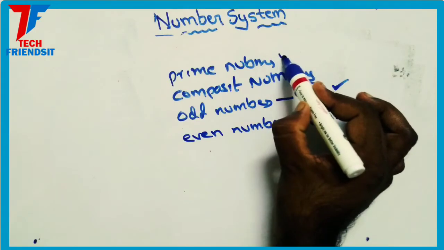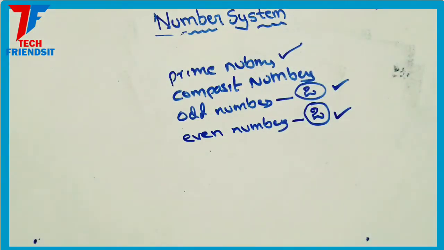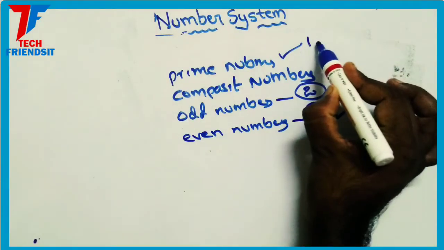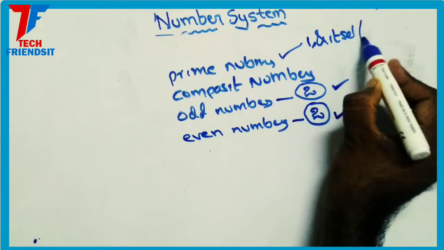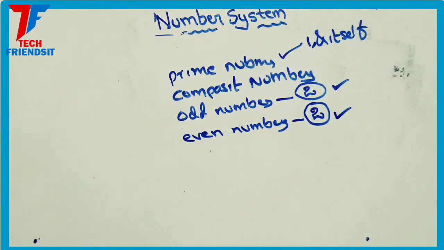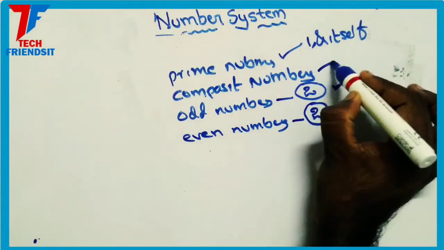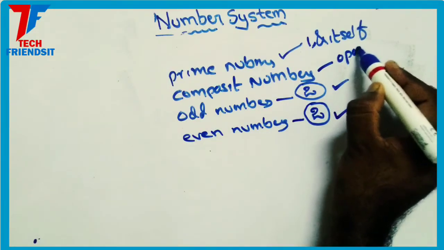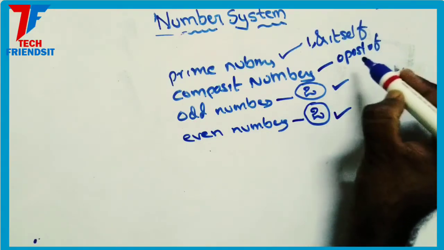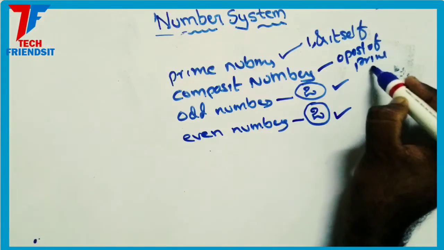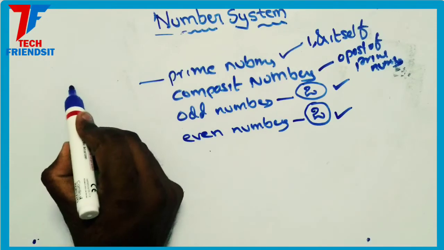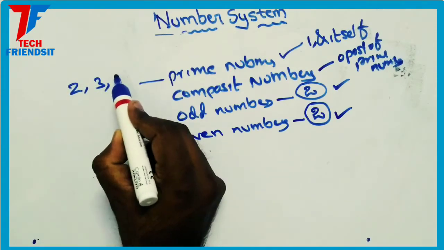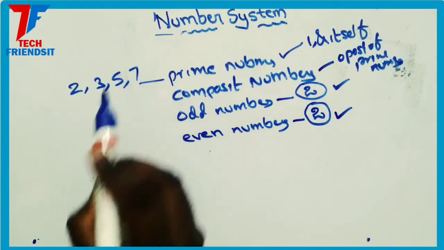What is a prime number? Prime number means divisible by 1 and itself. Composite number means the opposite of prime numbers. Prime number examples: 2, 3, 5, 7.